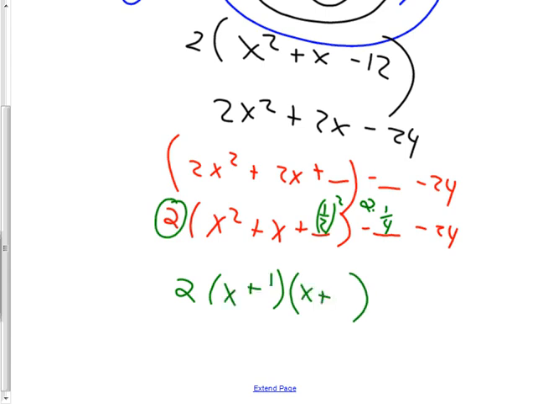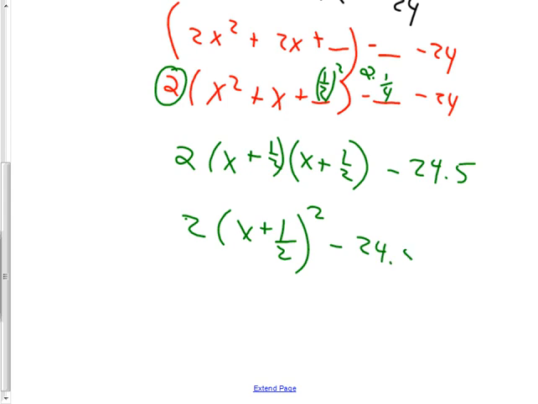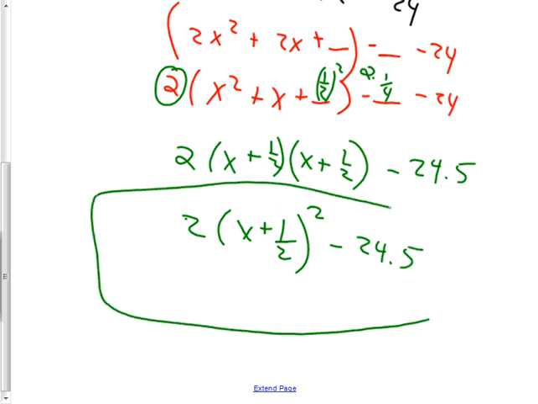I'm going to use the half here, because a half times a half makes a 4. And then 2 times 1/4 is a half. So then I've got minus 24 and a half. Final answer. You need to be that good on the test for the hardest question.